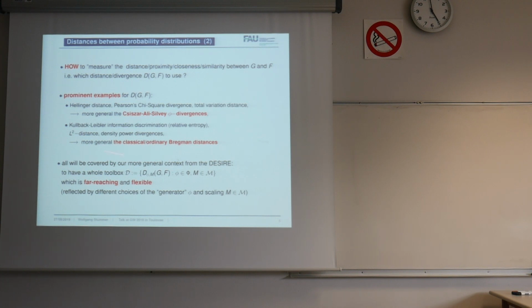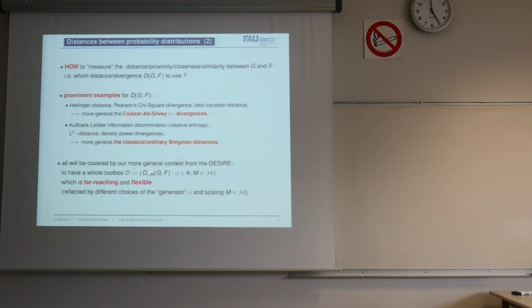The Kullback-Leibler is also a member of the second important family, namely the classical ordinary Bregman distances. Okay, and the L2 distance is another prominent member of that, and also the so-called density power divergences. We will see them later on. Okay, and of course, we had the desire to have a whole toolbox of divergences or distances.